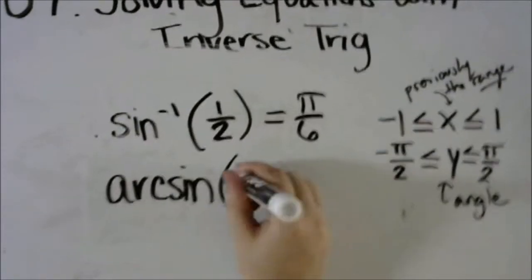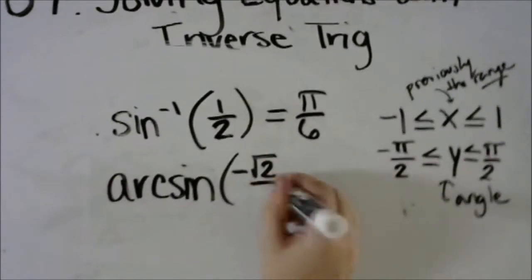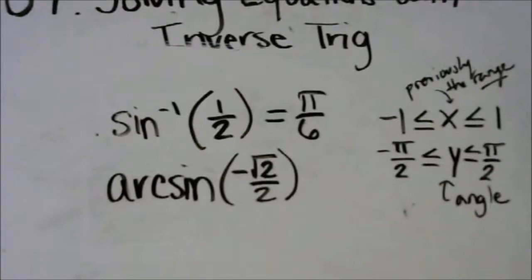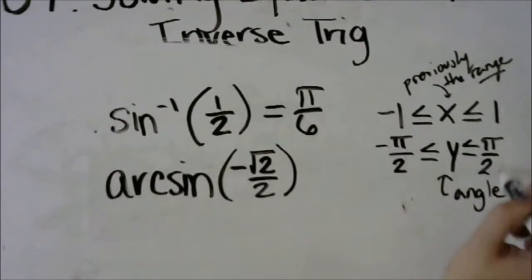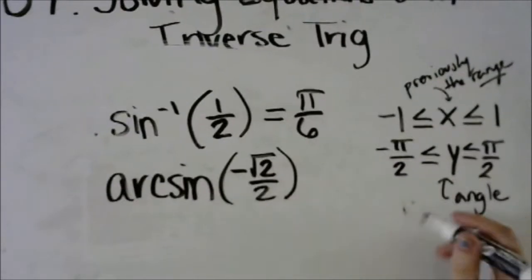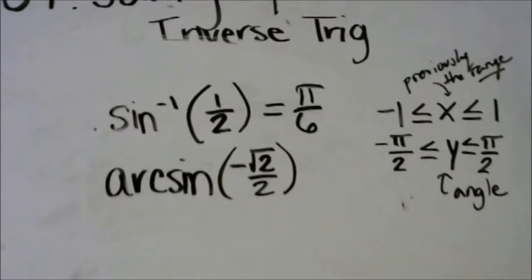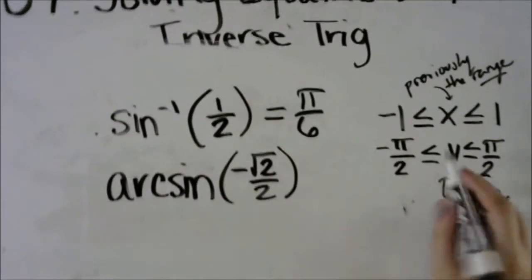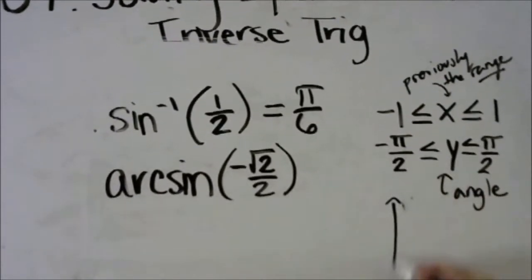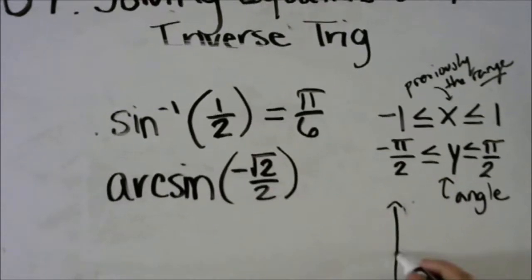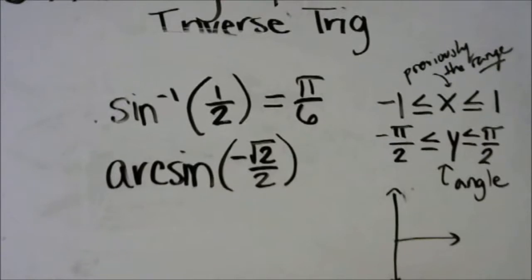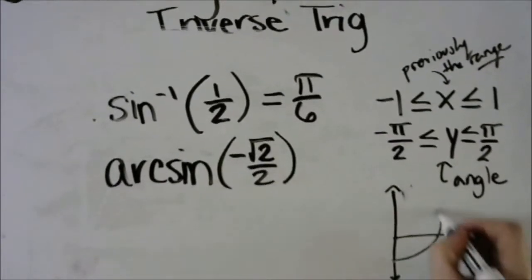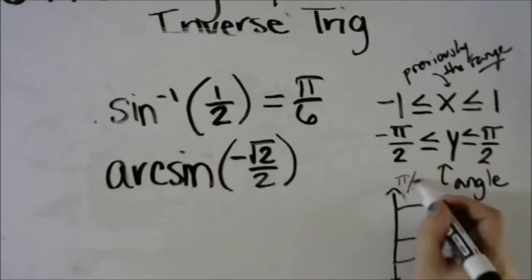This time, let's calculate it using a negative value. So with sine, we want to be careful. Answers in the second quadrant and answers in the third quadrant aren't going to work because we had to restrict the domain of sine in order to invert it. So think of negative pi halves to positive pi halves as just quadrants 1 and 4. This down here is negative pi halves. All the way up here is pi halves.